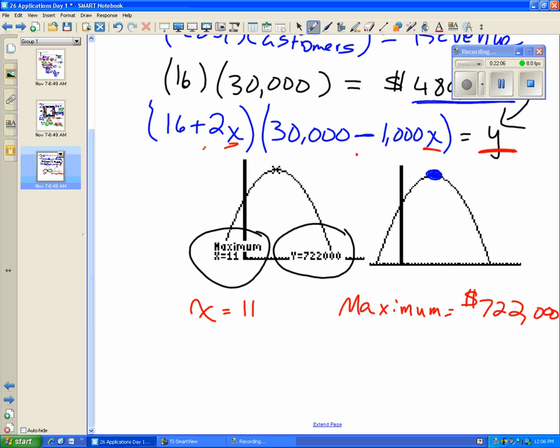That's the most money I can make. How many times do I have to increase the price? Well, let's look at this. X equals 11, that's the number of times I have to change the price.